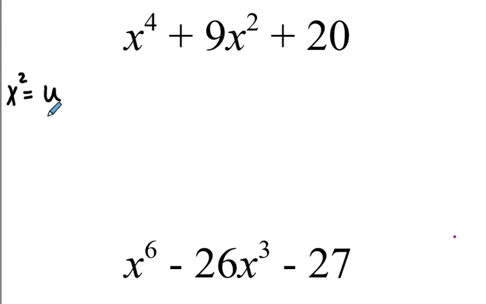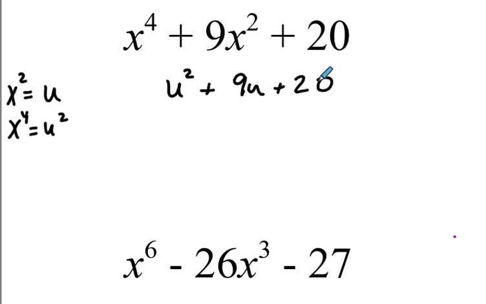And what I would have here, that means x to the fourth would be u squared. This problem is really the same as u squared plus 9u plus 20. That's really easy to factor. It's just u plus 4 and u plus 5. Because 4 times 5 is 20 and they add to 9.